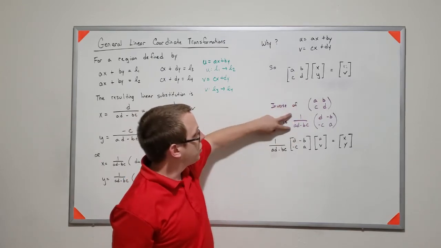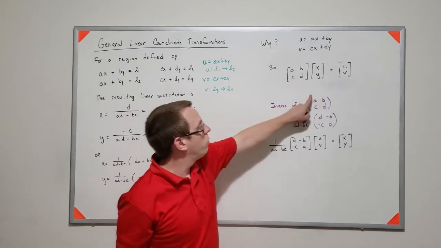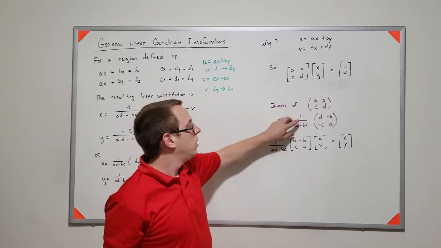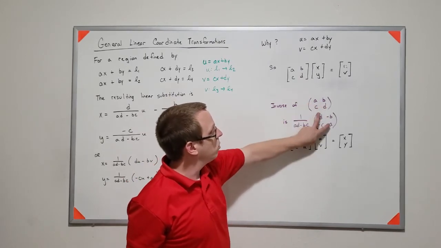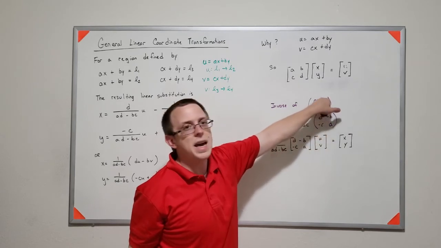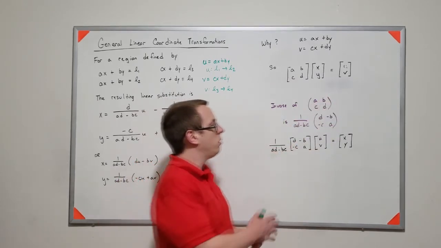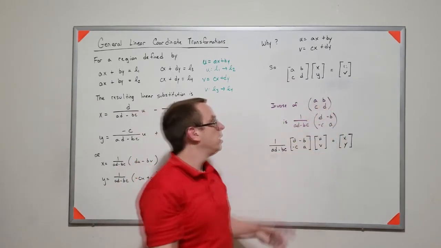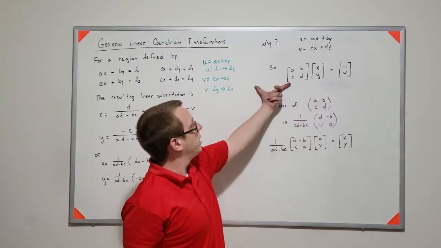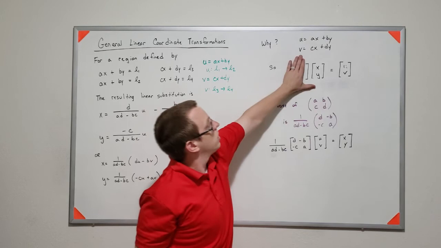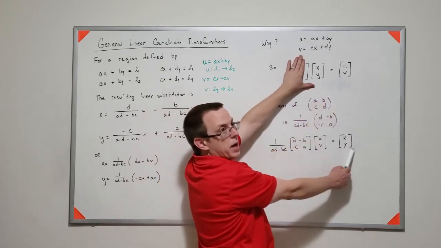By getting the inverse here, it's just 1 over the determinant times, you flip these two variables, a and d, and then you negate b and c. So you end up with a matrix that's very similar to this. And if we multiplied both sides by that inverse, so if we multiplied that side over here by its inverse, this collapses, so we're left with xy.